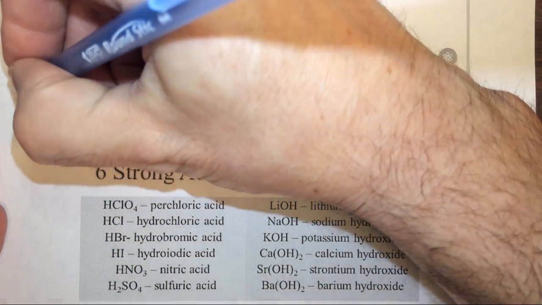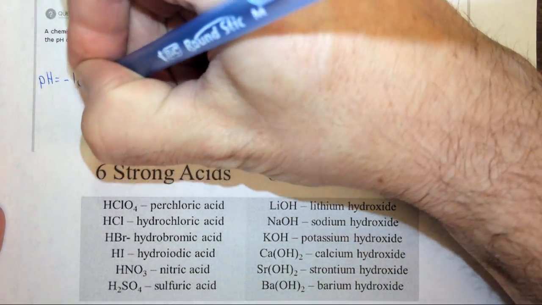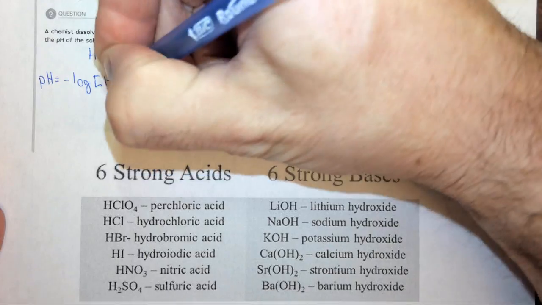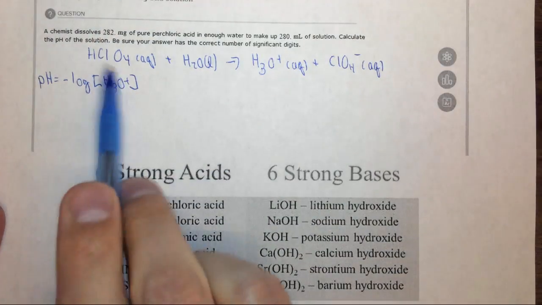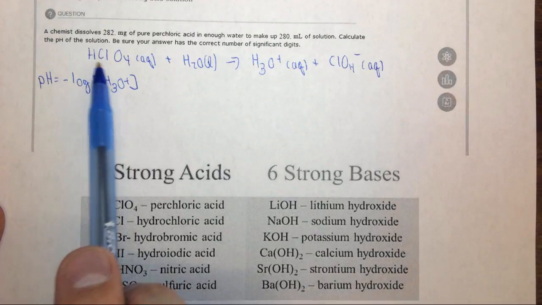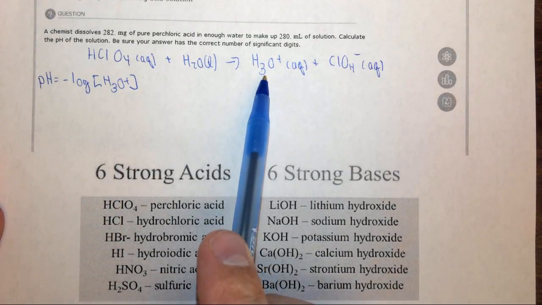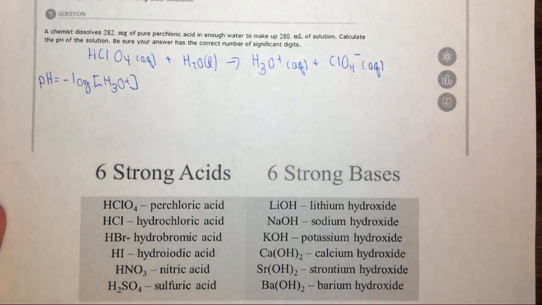If you recall, pH equals negative log of the concentration of H3O plus. So if this completely reacts to form H3O plus, if we know the concentration of HClO4, we therefore know the concentration of H3O plus, and we can then find the pH.